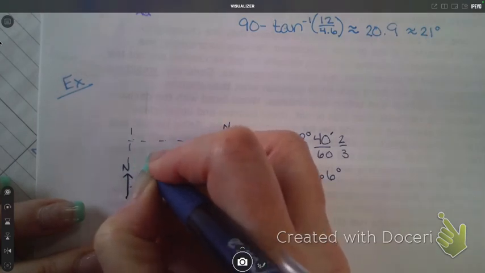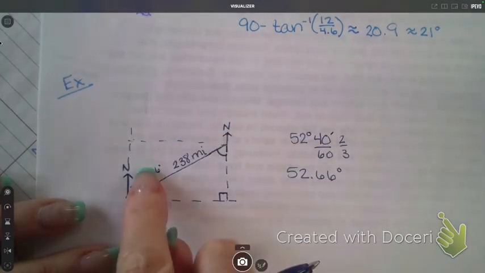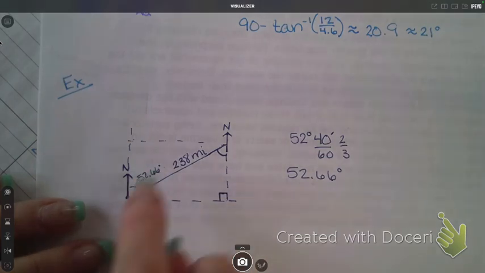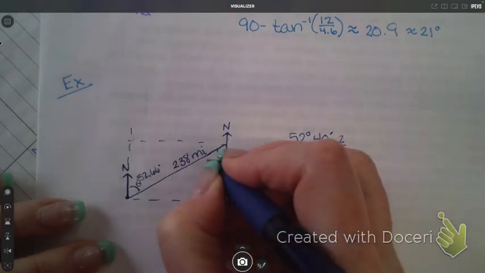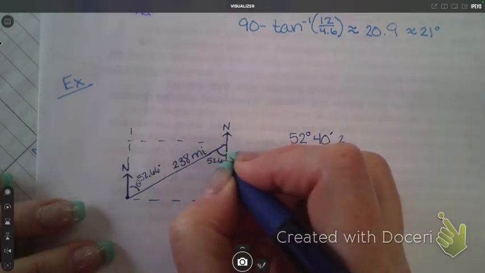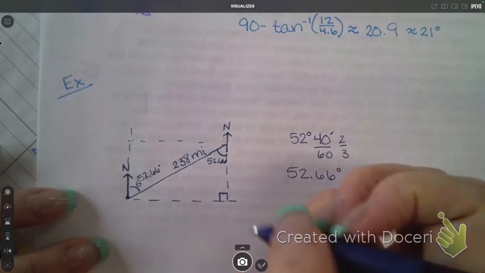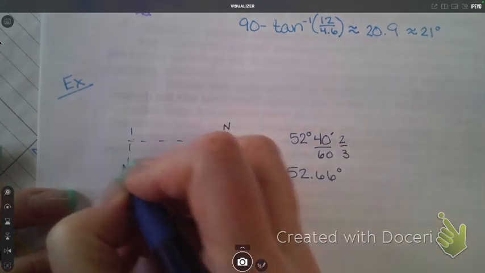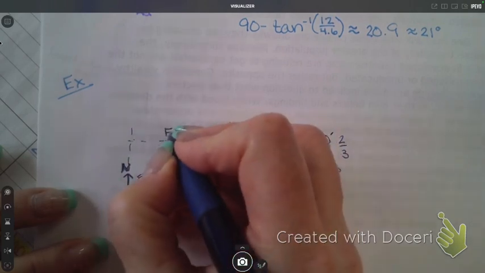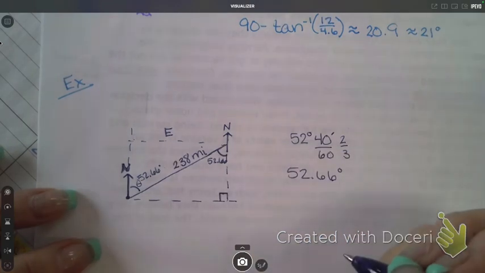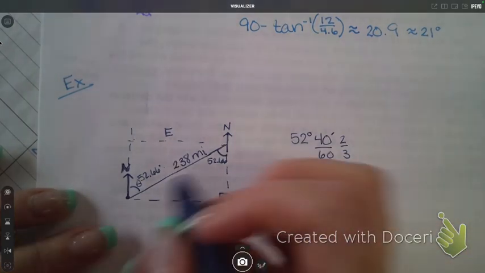You guys want to use this top, and you don't have to transfer it? Or do you want to do bottom? Does it matter? You can use this 52.66, right? So it wanted to know how many miles north. So this is N. We're just going to call it N since there's already an N. And how many miles east? So how would we find our north?